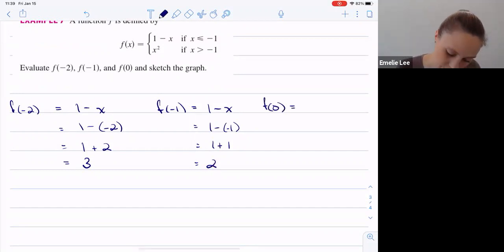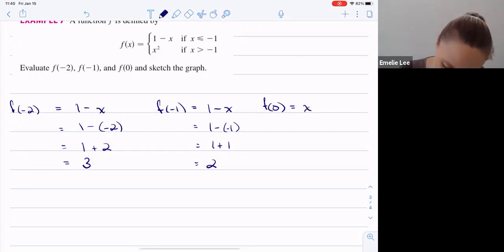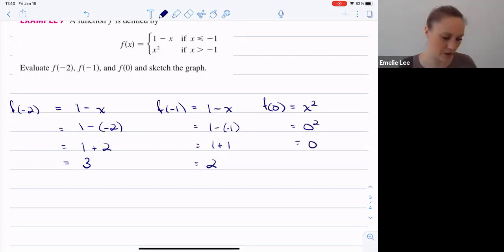F of 0, now x is greater than -1. And so my function now is x squared, which is 0 squared, which is just 0. I don't have a lot of points.